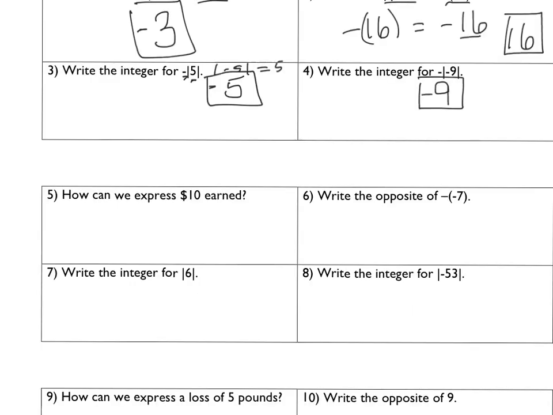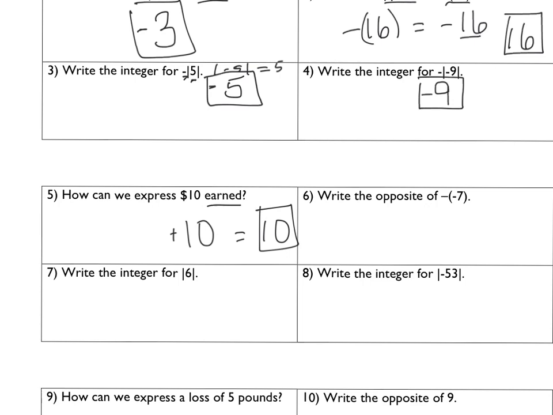Let's take a look at a few more of these. Number 5, how can we express $10 earned? Earned is the important word there. So we have $10 that we earned, positive 10, which is the same as 10. Number 6, write the opposite of negative 7. First of all, we want to do what's inside parentheses.